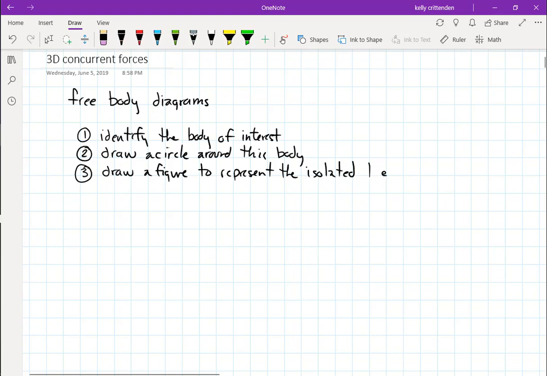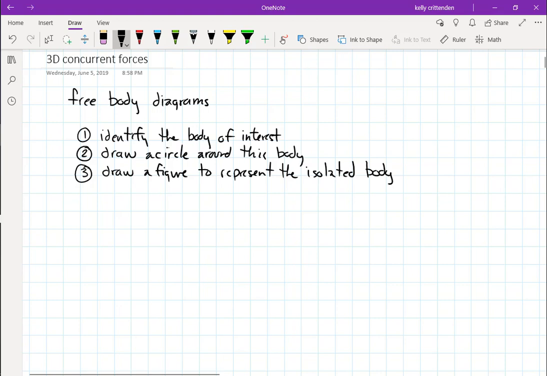So you've got some figure. It's just a line drawing. Maybe it's a circle or a box, or maybe you got fancy and drew something that actually looks like the thing. That part doesn't really matter, other than the fact that you're going to have to apply forces to it. So any relevant features where a force is applied, the point of application for one of these force vectors, you probably need something that represents that.